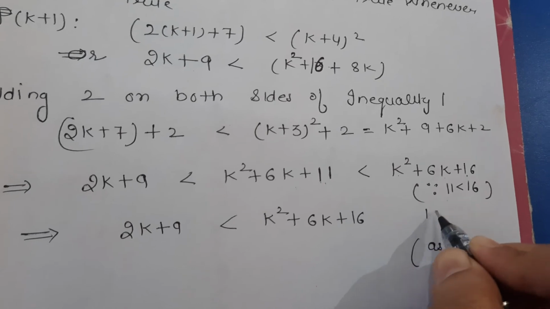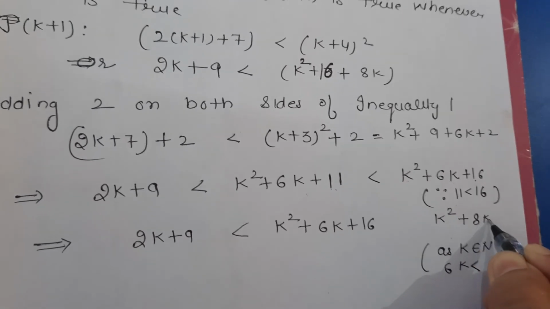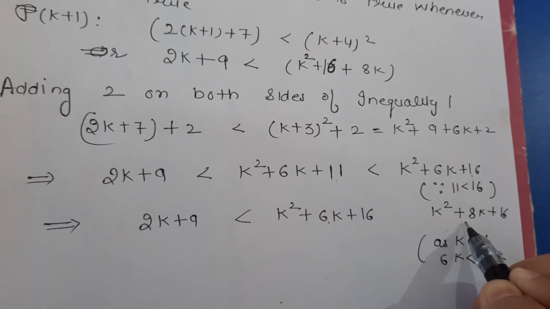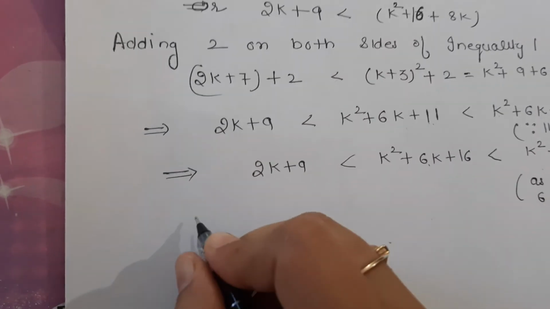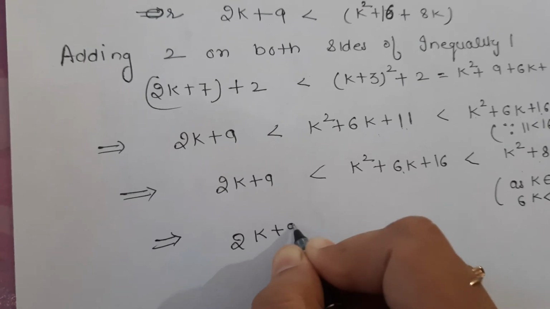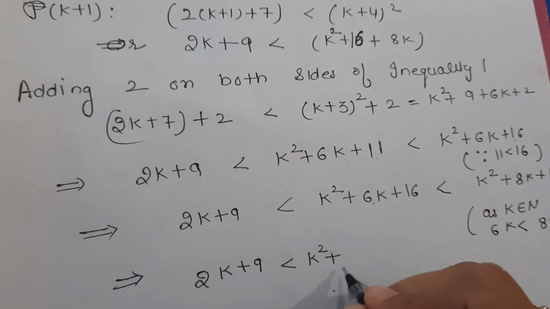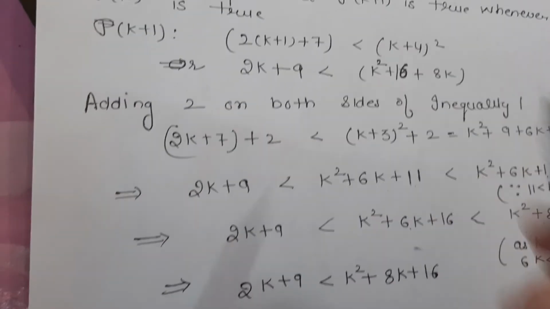So again I am writing k² + 8k and this 16 as it is. Now you know that 6k < 8k is true. So introduce this sign. That means you have shown that 2k + 9 < k² + 8k + 16. This you have to prove, right?